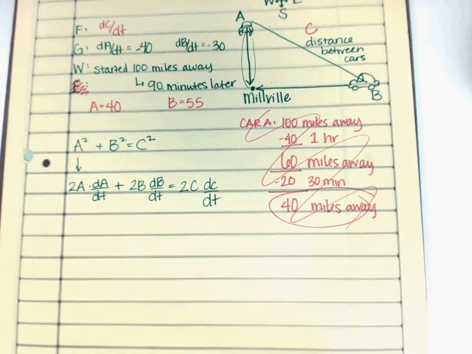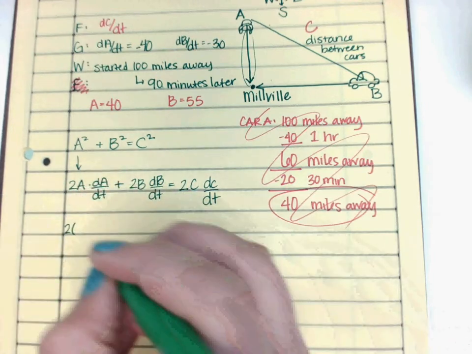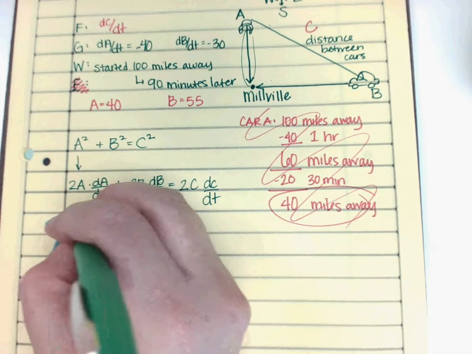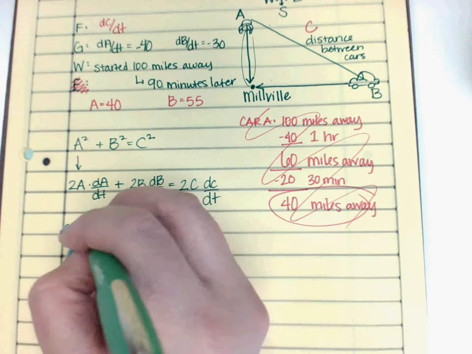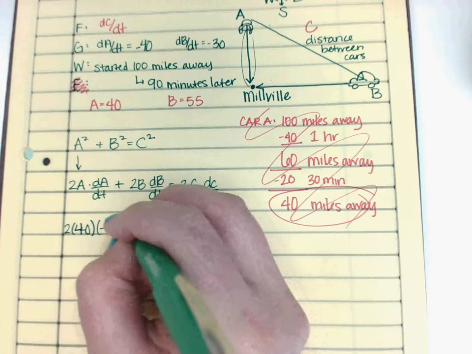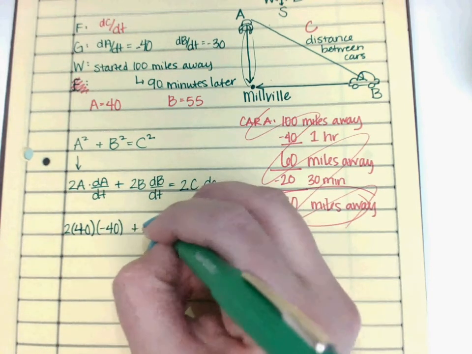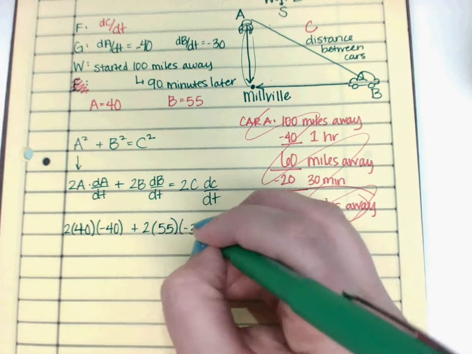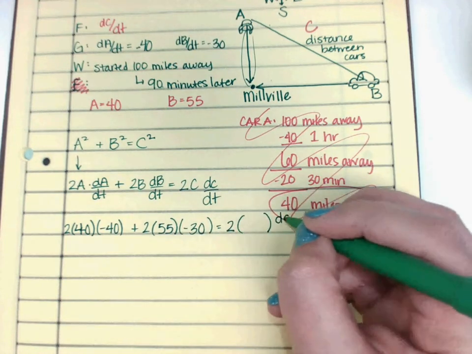So 2A, what's A? 40. Positive 40, sorry. And then what's dA/dt? Negative 40. Plus 2B, what's B? 55. And what's dB/dt? Negative 30 miles per hour equals 2C dC/dt.